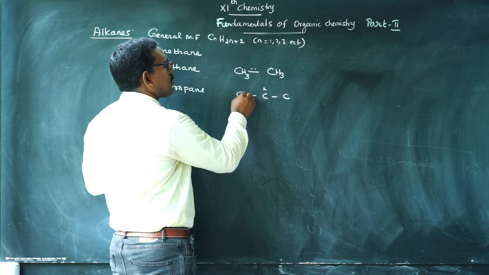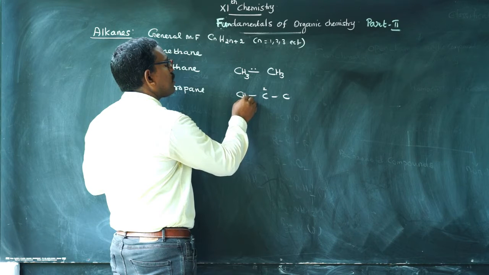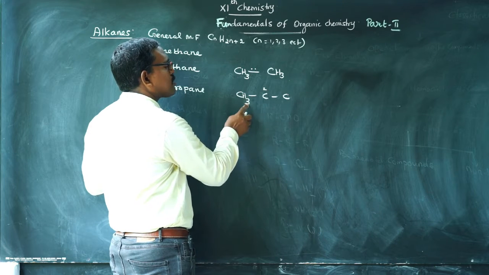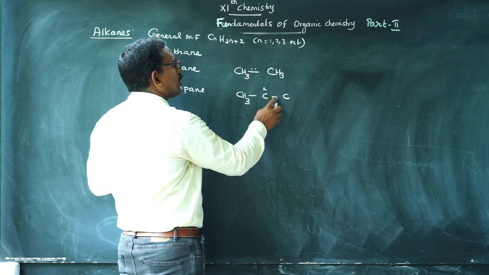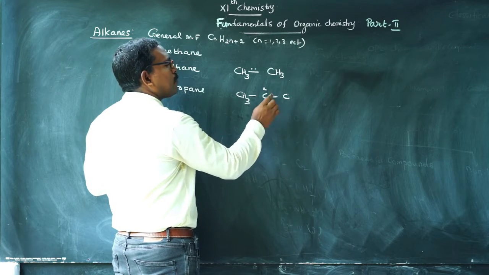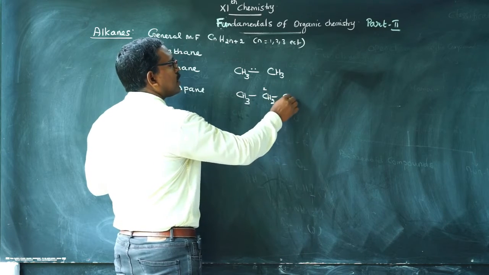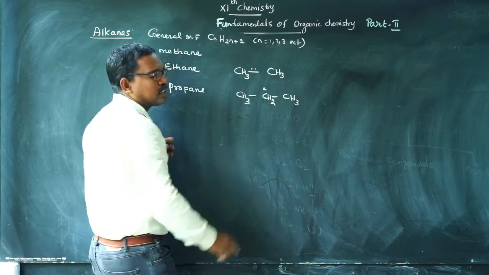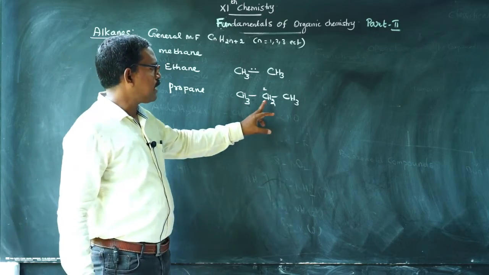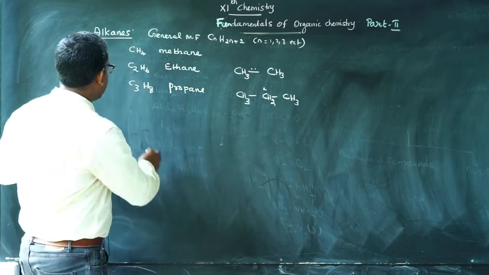So the first carbon's remaining valency is satisfied by 3 hydrogen atoms. Here the second is satisfied by 2 electrons, the remaining 2 by hydrogen, and finally it is CH3, CH2, CH3.